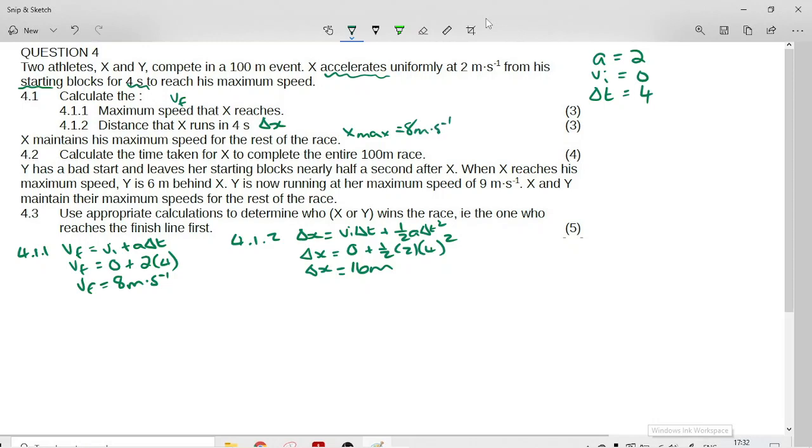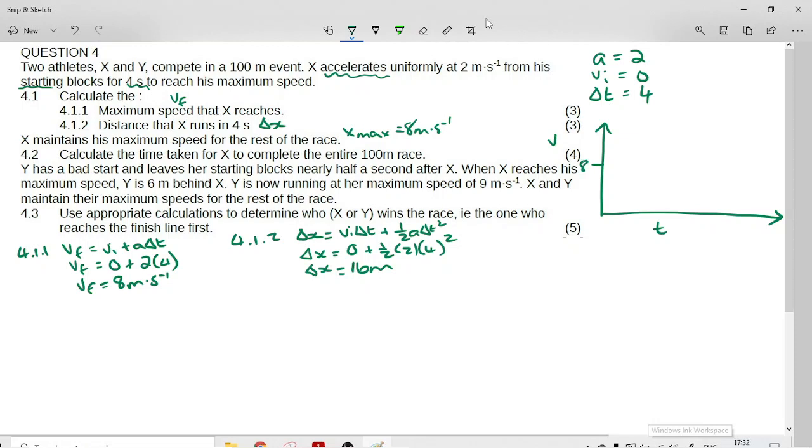Okay. Now they tell you, calculate the time taken for X to complete the entire 100-meter race. So let's have a think about what's going on here. What did X do? If we draw this on a velocity versus time graph, X started from rest at time equals 0, his velocity was 0, and then he accelerated to a maximum velocity of 8.